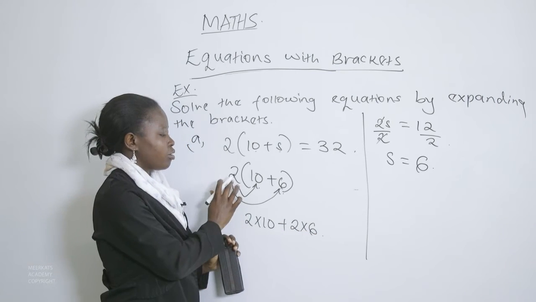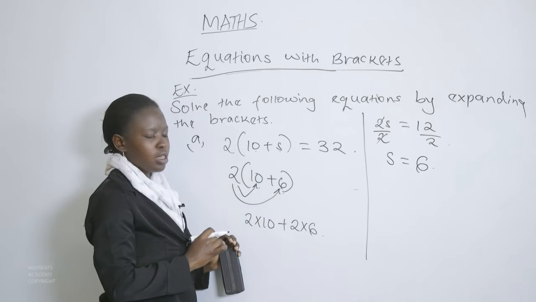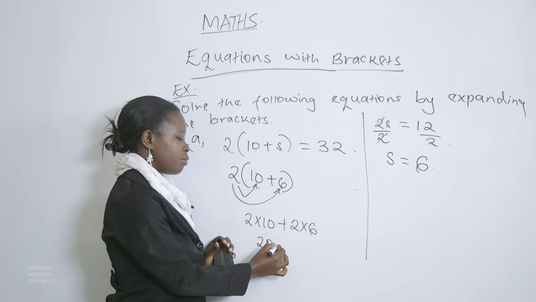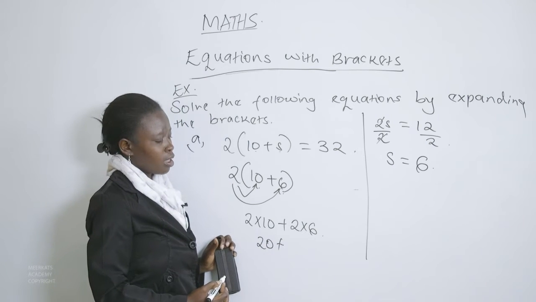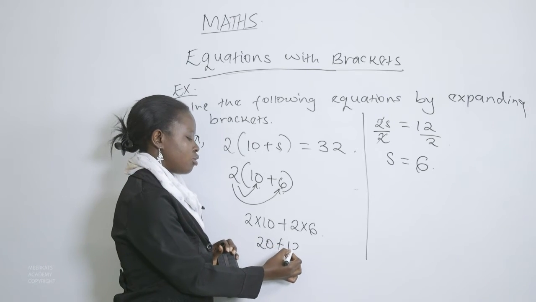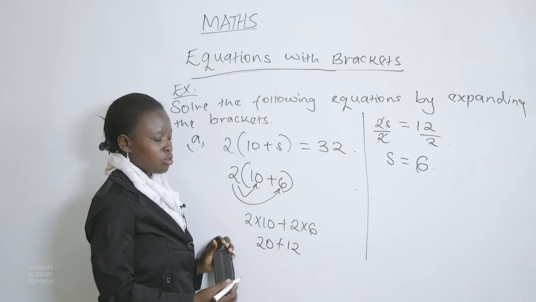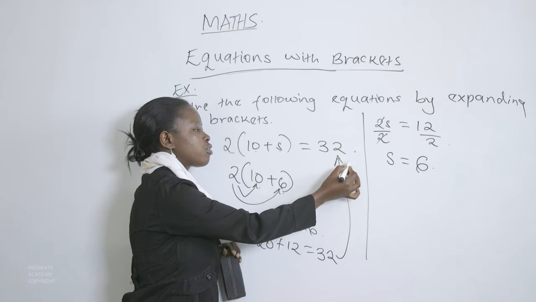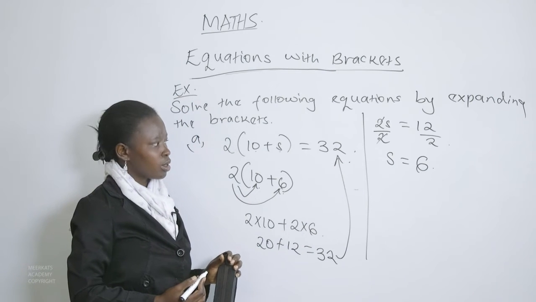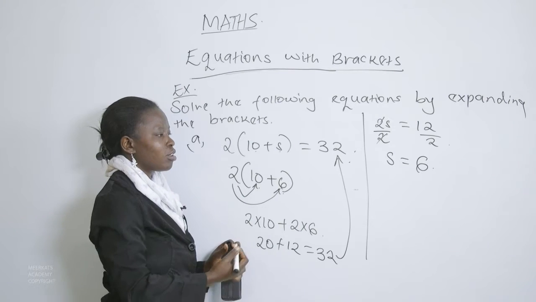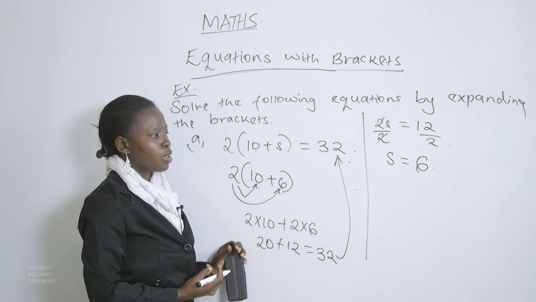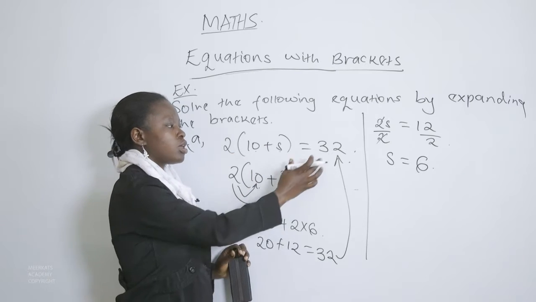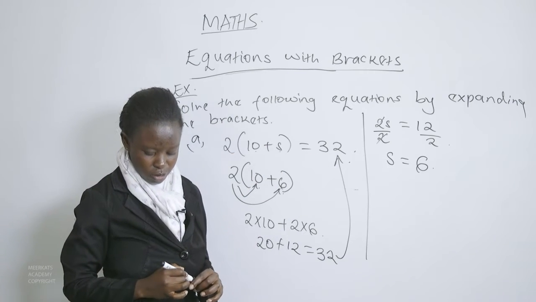So multiplying whatever is outside the bracket with everything inside the bracket, 2 times 10 gives us 20, and 2 times 6 gives us 12. 20 plus 12 will give us 32. So we find that we have the same value as what is on the right hand side. So it is true that when our value for s in our equation is 6, then the expression on the left hand side will give us 32.